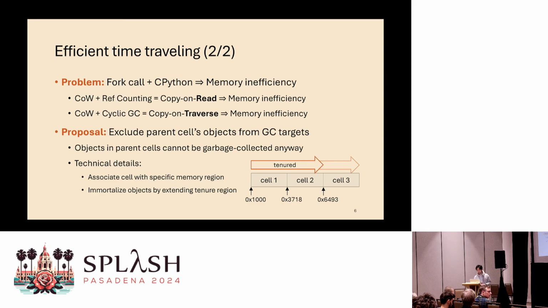To mitigate these problems, our notebook kernel immortalizes objects taken over from parent cells. Our notebook kernel excludes parent cells' objects from garbage collection targets. The idea behind this strategy is that from a child process, objects in parent cells or parent processes cannot be garbage collected anyway.